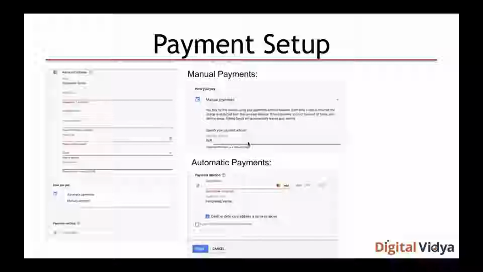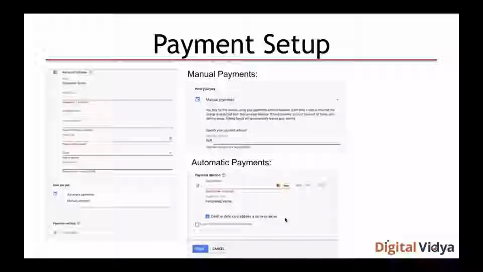That INR 500 that you had added, the balance will keep reducing. When that balance becomes zero, your money will be exhausted and your ads will stop running, right? So your ads will not show after that. You have to add money before your ads can start running again. So that is manual payment, where you will have to keep adding your money.